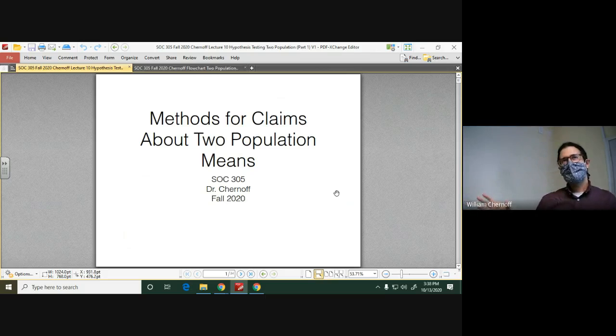So we can imagine that, maybe with the fear of crime survey, we're interested in this variable fear of crime. We might think that there could be gender differences. We can also think about things like how much, say, money people pay in rent.